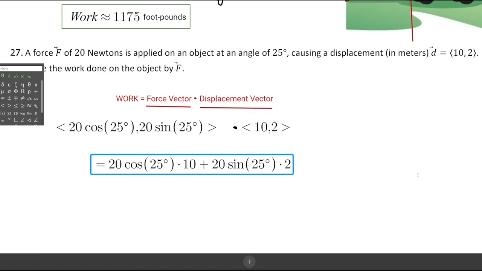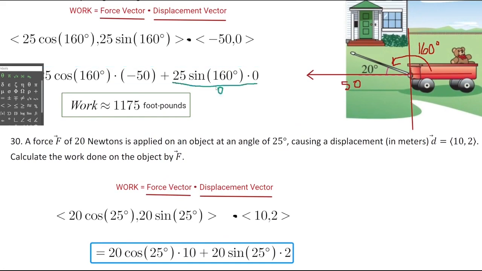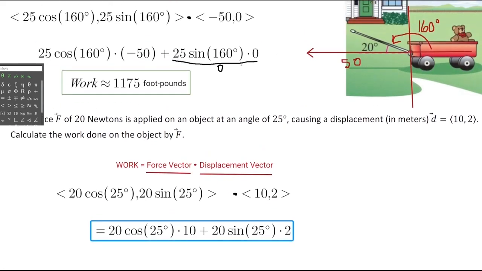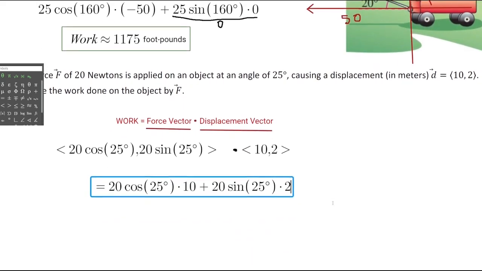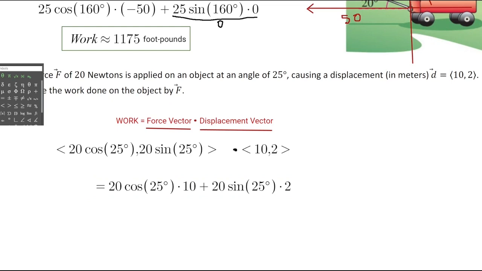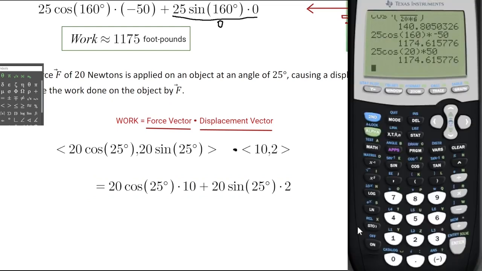And I'm just going to throw all this in the calculator. We don't get the advantage of having the vertical component cancel out because we're not just pulling the wagon to the left, we are pulling it to the left and up. So we have to take that into consideration. But let's go ahead and just throw everything in the calculator and get our final answer here.